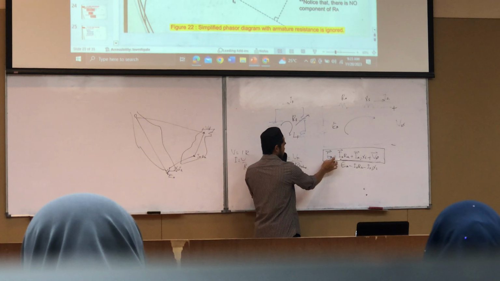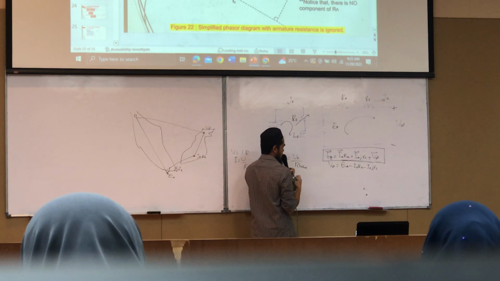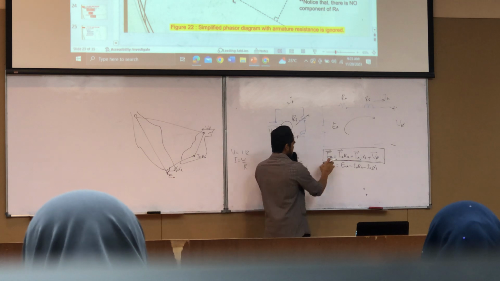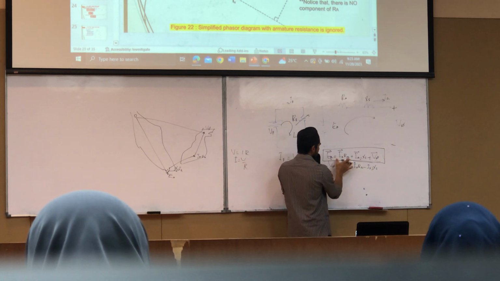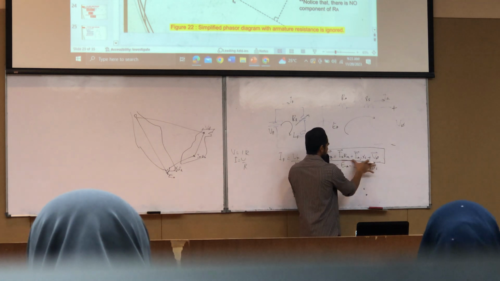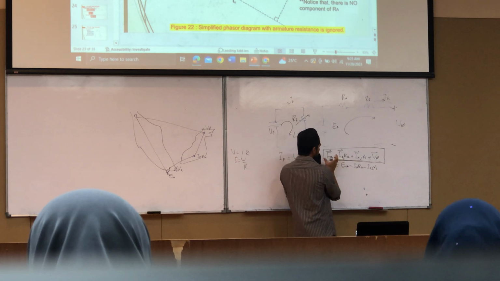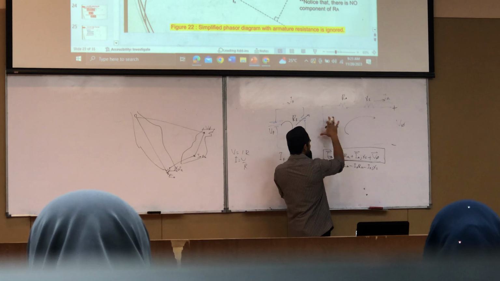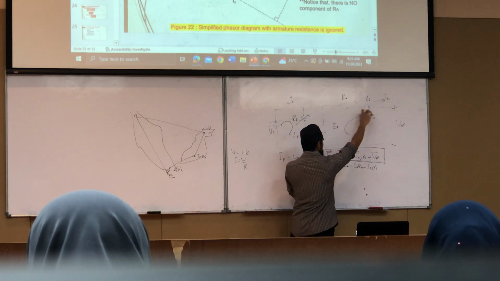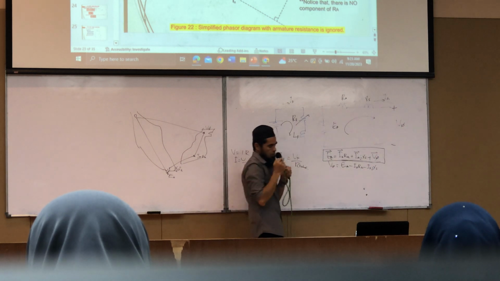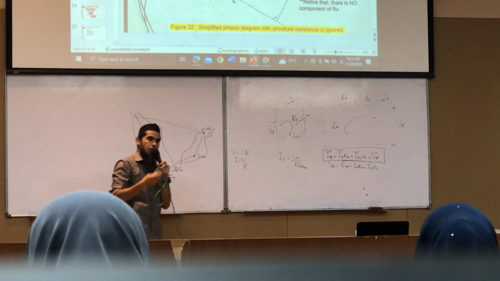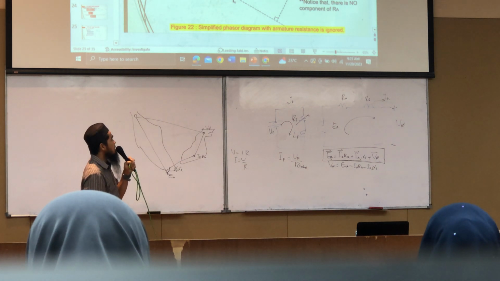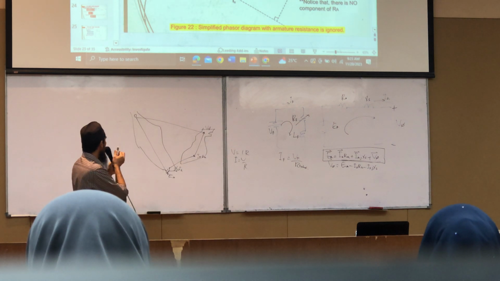Yang ni the supply of the circuit, yang ni consumed by the other part. Supplied by the left side, consumed by the right side. Generate kat sini, consume at the whole side here. Boleh faham tak? It is equivalent.